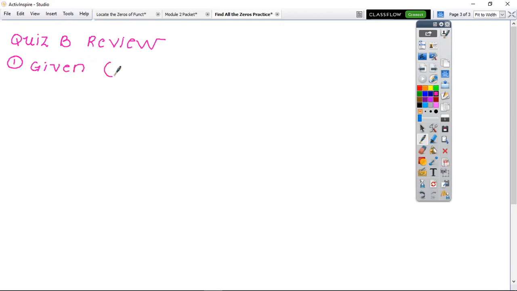Okay, then I'm going to put parentheses around this just to kind of distinguish it in your notebook. So 14x squared plus 61x plus 84 divided by x minus 4.